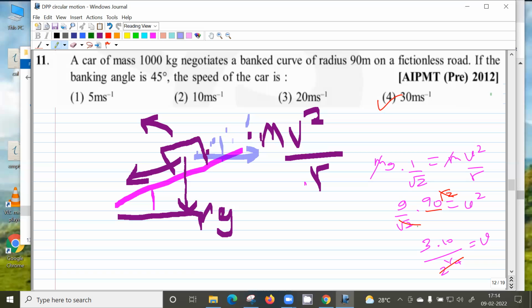So it's mv square by r. R is 90, mv square by r, so the cos component. Then sin theta also will vary. Square by r. Right. So here it should be 1 by root 2.